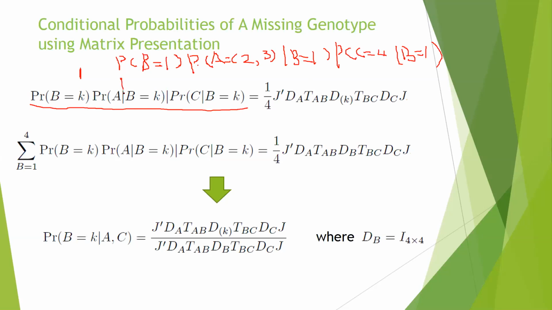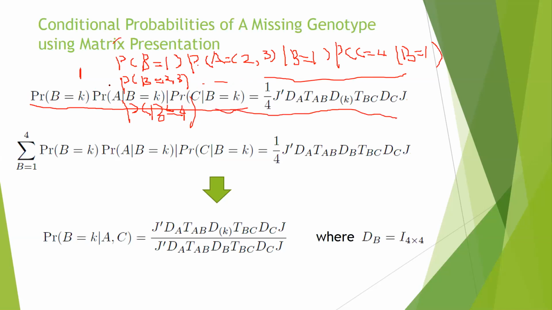Now you can do the same thing for B equals 2 or 3, and also when B equals 4, and so on. So you can calculate the probability for all the different genotypes B can take.